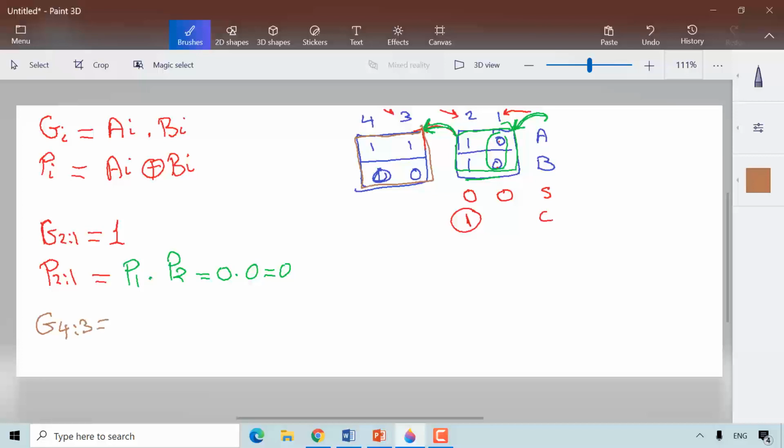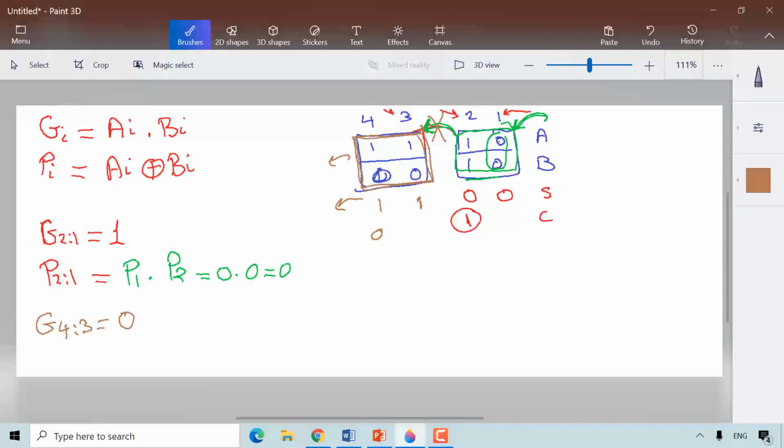When I add these two bits independent of the carry, assuming I don't have a carry, can I generate a carry? Well, let's add 1 plus 0, it is a 1. 1 plus 0, it is a 1. No carry. Carry is a 0 here. So the generate from bit 4 to 3 is 0 when I consider these groups of bits.